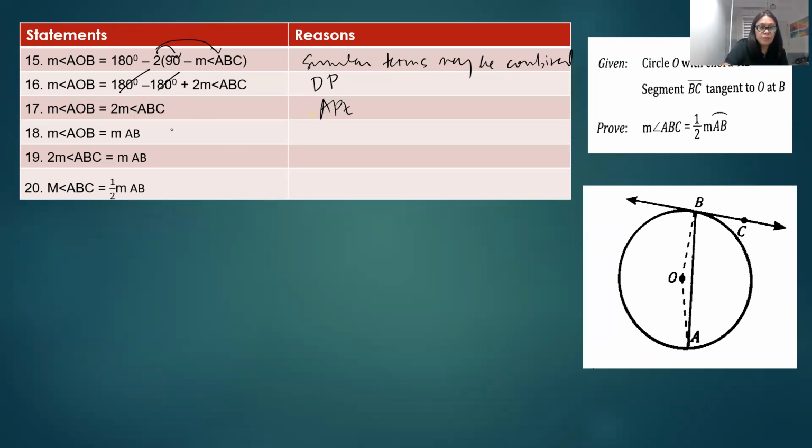we have measure of angle AOB equals measure of arc AB. Take note that AOB equals the measure of arc AB, and arc AB is the intercepted arc of angle AOB.